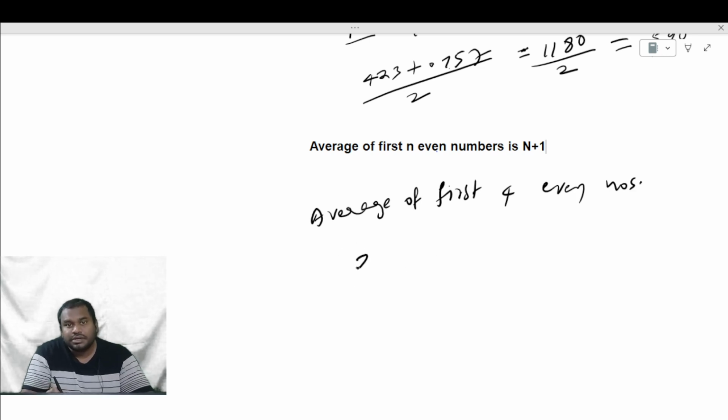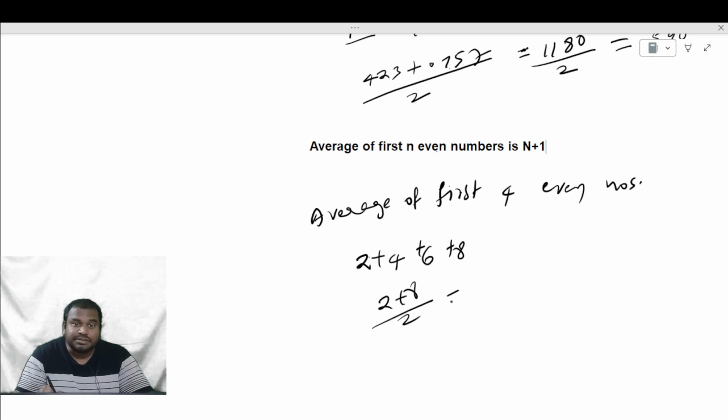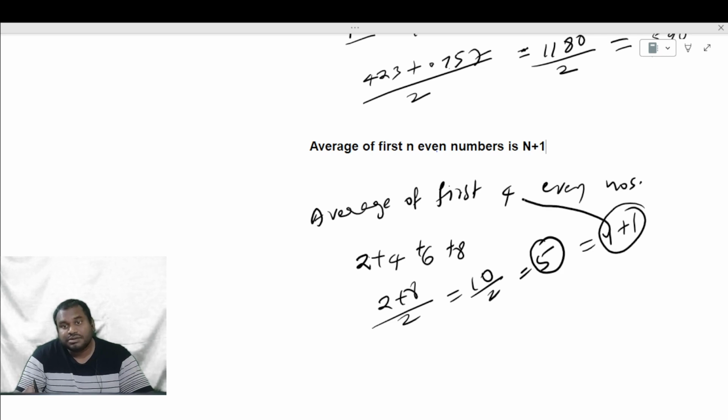The first even number is 2, next 4, next 6, next 8. What will you do if the average is asked? The common difference is the same, so 2 plus 8 divided by 2, 10 divided by 2, it is 5. But this 5 is nothing but 4 plus 1, where 4 is this 4. So I'll put n here, then it becomes n plus 1.